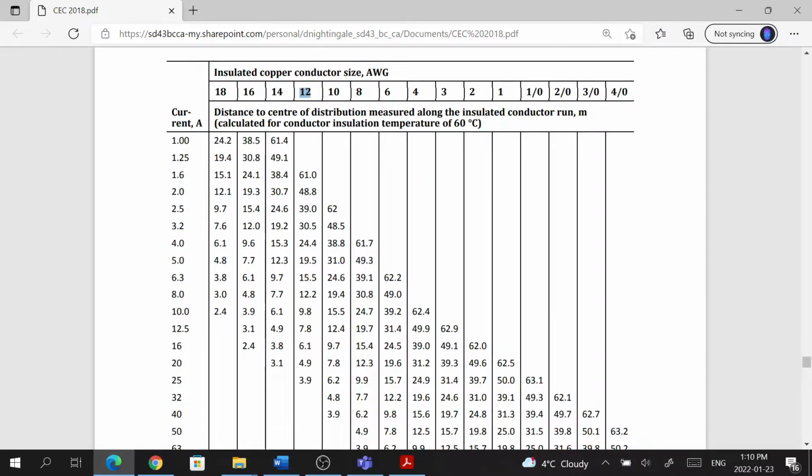So we're dealing with 3%, so multiply the 6.2 by 3. That's going to give us 18.6 meters. And again, we're not too close to what we need.